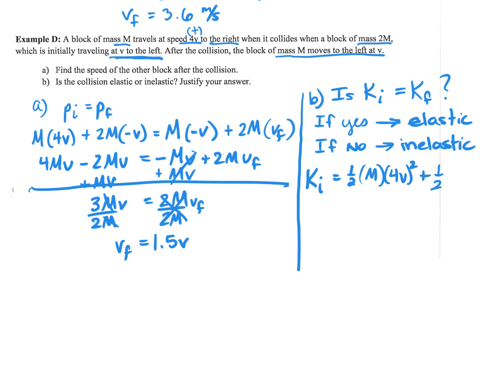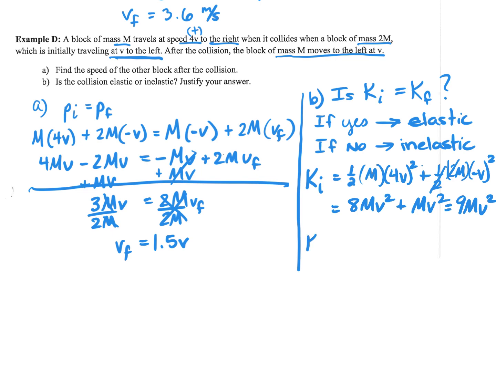And then we've got 1/2 2m times negative v squared. So 4v squared is what? 16v squared? And what is 16 divided by 2? So we end up with 8mv squared. The 2 and the 1/2 go away, so we end up with negative v squared, which just ends up as v squared. Plus mv squared equals 9mv squared.